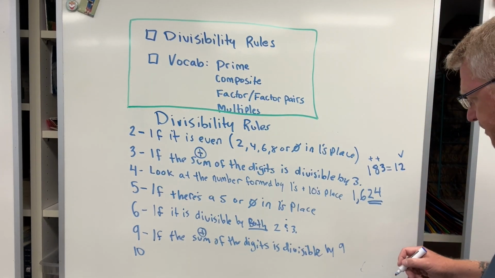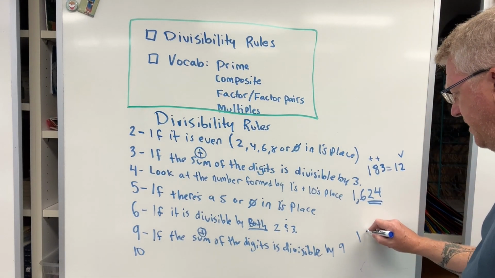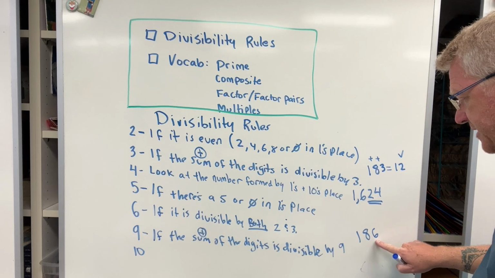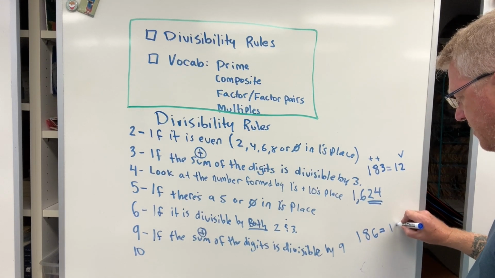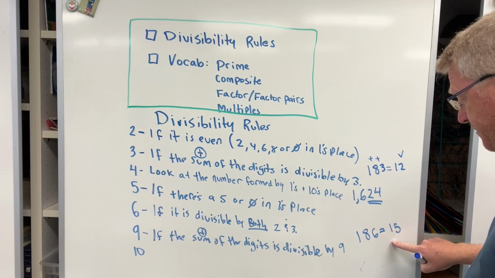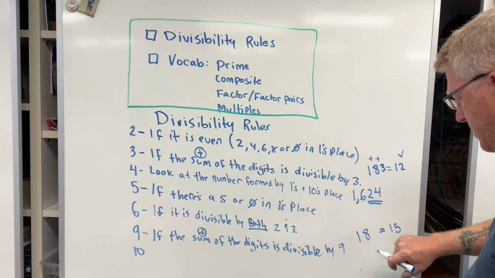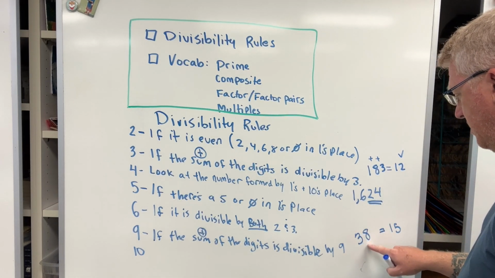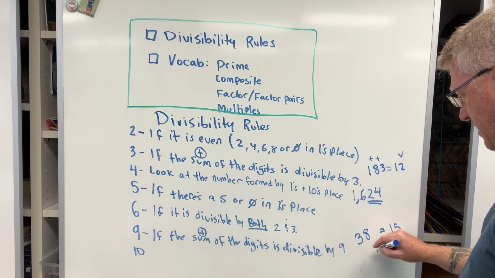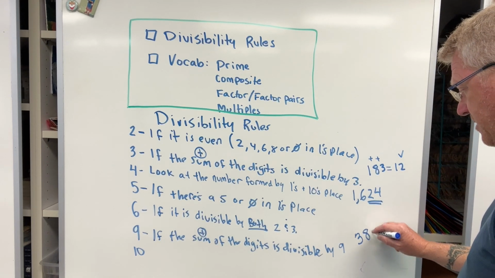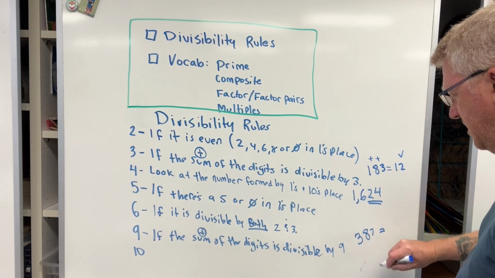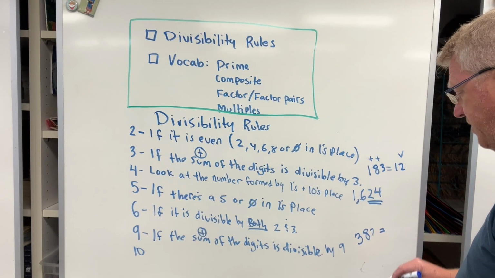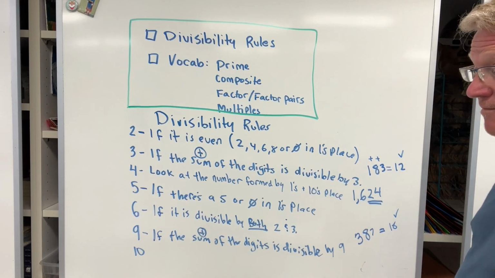So, for example, 186: 1 plus 8 is 9, plus 6 is 15, not divisible by 9. But 387: 8 plus 7 is 15, plus 3 is 18, then it is. All right.